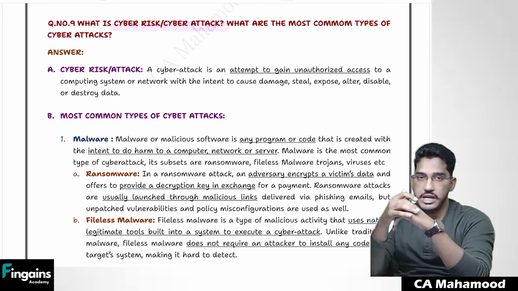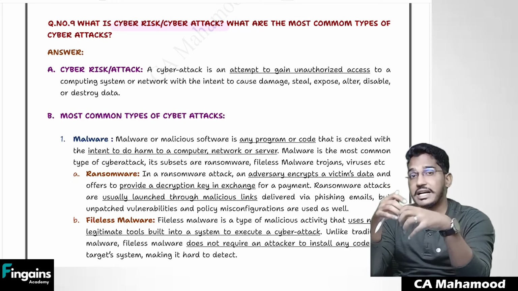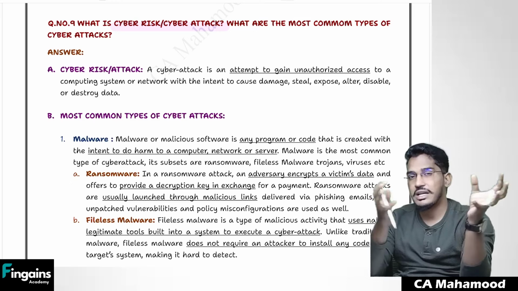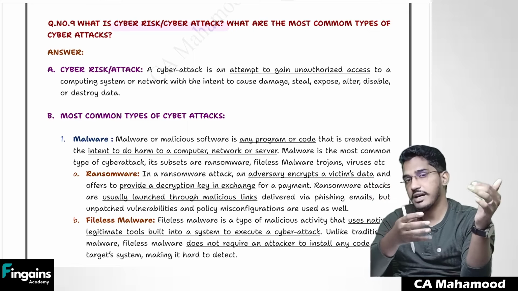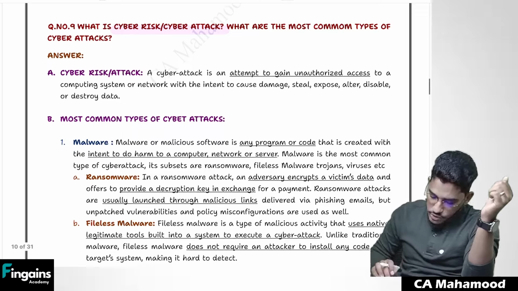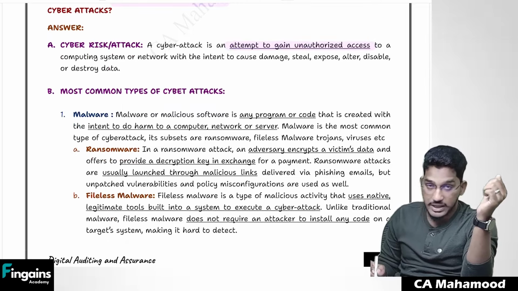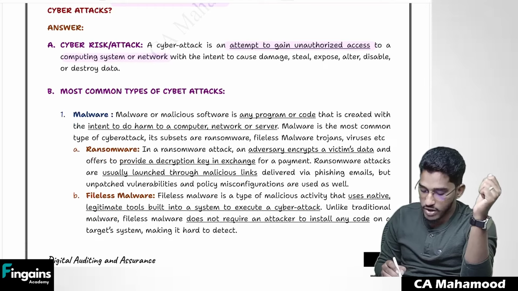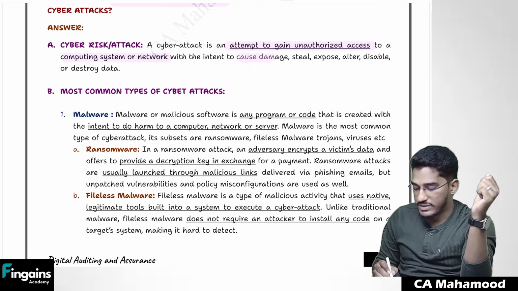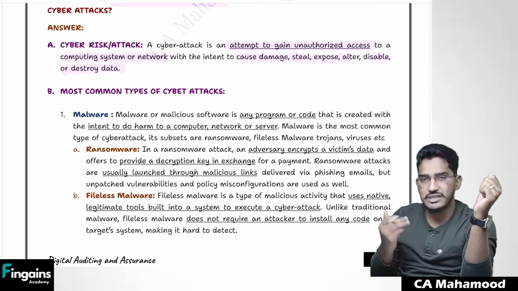And cyber risk or cyber attack can take up various kinds of forms. What are the examples of various forms of cyber attack that we are going to discuss? So first, if you have a look at the meaning, a cyber attack is an attempt to gain unauthorized access to a computing system or network with the intent to cause damage, steal, expose, alter, disable, or destroy. Anything can happen.